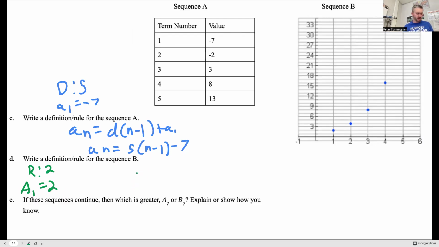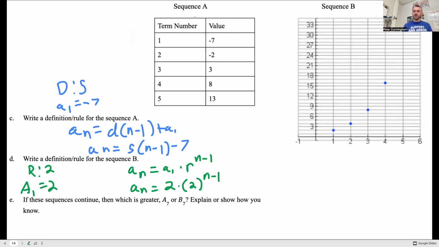So what we need here is to do our A of n is going to equal my first term times the rate, or the ratio, n minus 1. So A of n equals, my first term is 2. My rate, I like to put it in parentheses, is also 2. Then n minus 1.